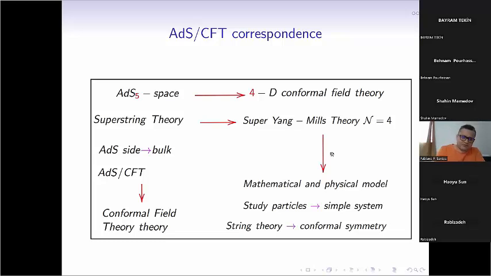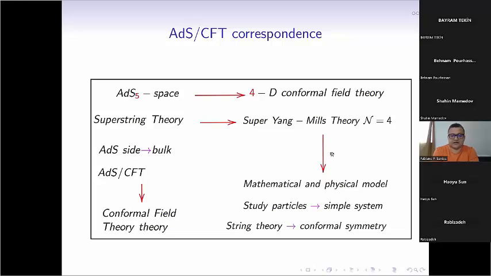The idea behind this duality is to describe gravity in 4 dimensions using a conformal field theory. The conformal field theory is a theory that is invariant under a scale transformation on the boundary side.